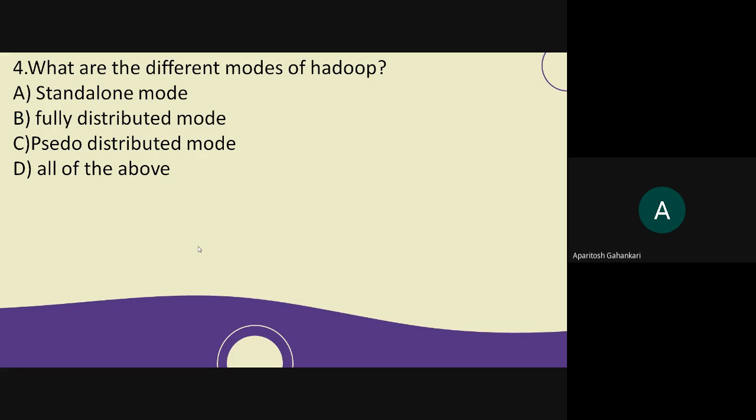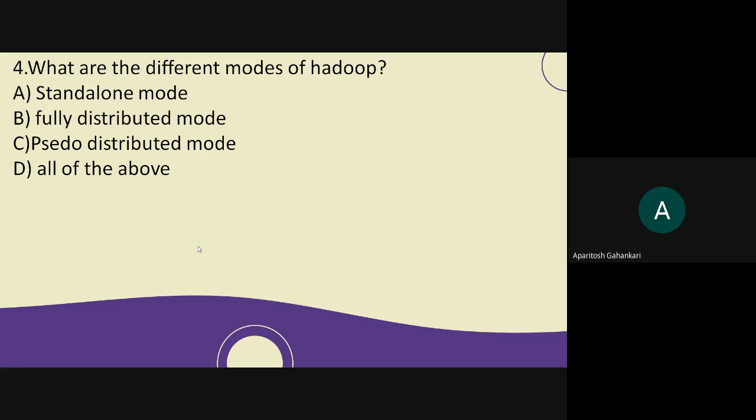Pseudo distributed mode, you will have a feeling of using this particular Hadoop because it is the single machine. Again, you are going to test it on the single machine, but you will have a feeling of how your application will work on this Hadoop.